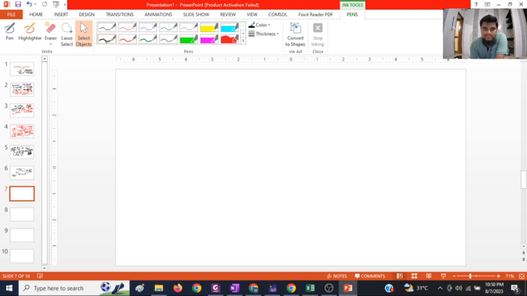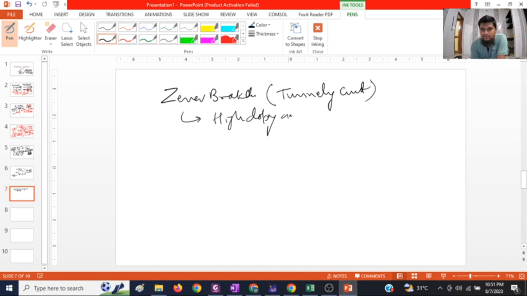As a summary, you can say that Zener breakdown is because of tunneling current. The condition is high doping on both sides, P and N, both sides.